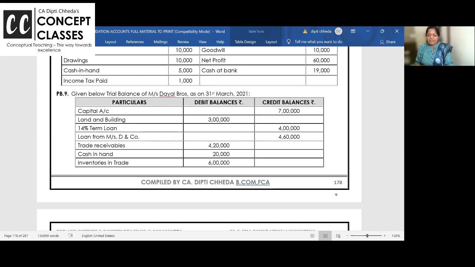Net profit is given ready to you. You just have to prepare the balance sheet. That's simple. Preferably write the land, building, all that on the upside and remaining on the downside. Right.